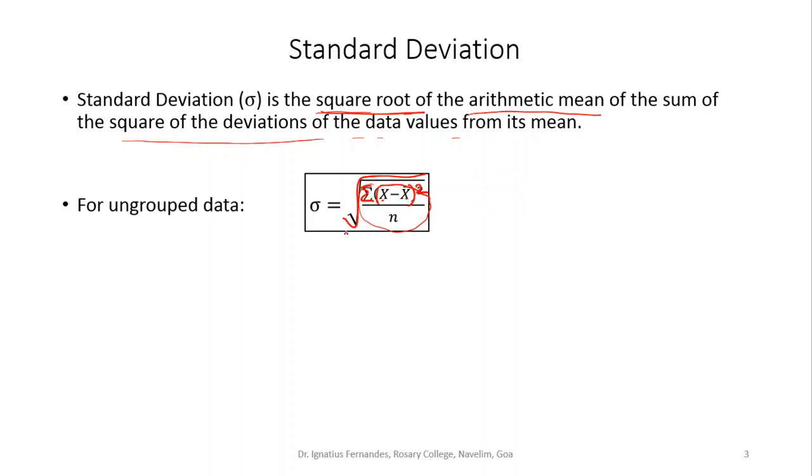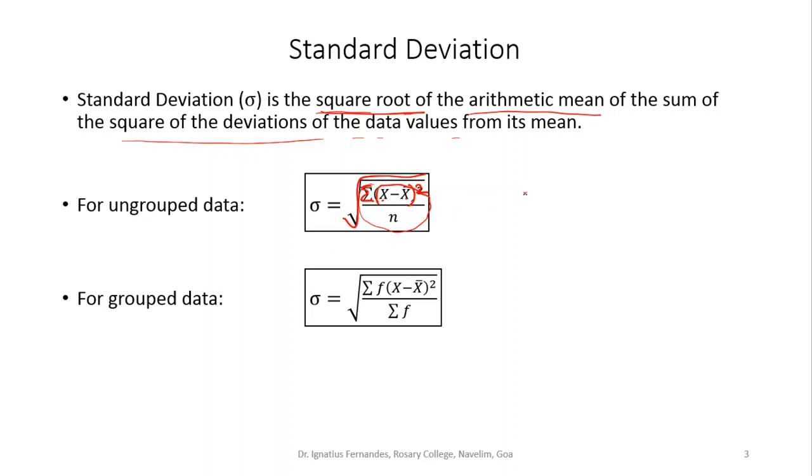In case I have ungrouped data, this is what we did. In case I have grouped data, then frequencies will come into the picture. So I will multiply by frequencies here. Instead of n, which is the total number of observations, it is the same as the total frequency, the summation of f.